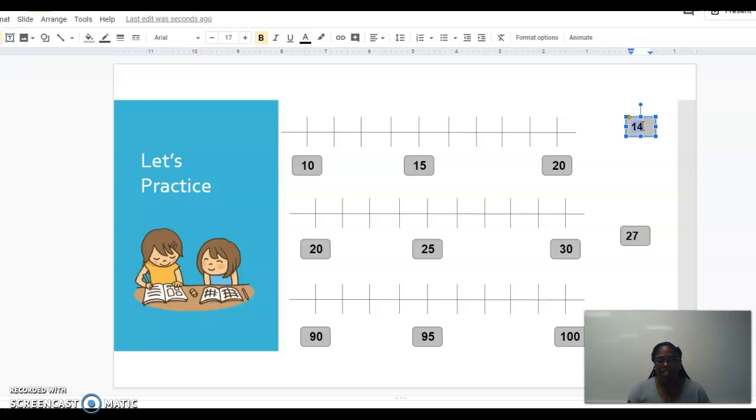Give you a minute to think. If you were thinking that I am going to plot 14 between 10 and 15, then you are absolutely correct.